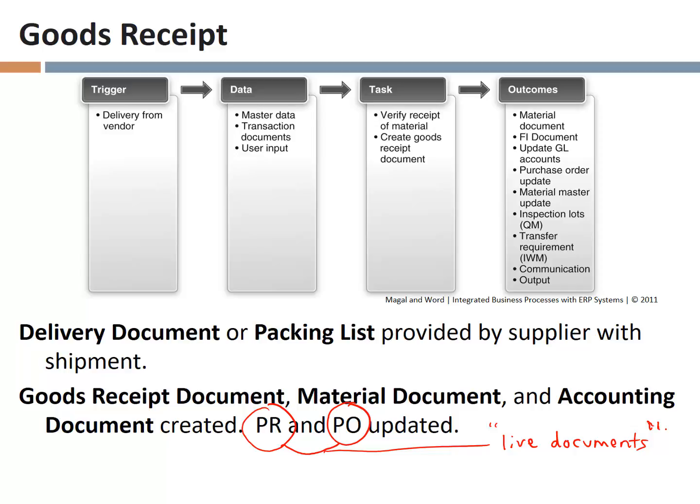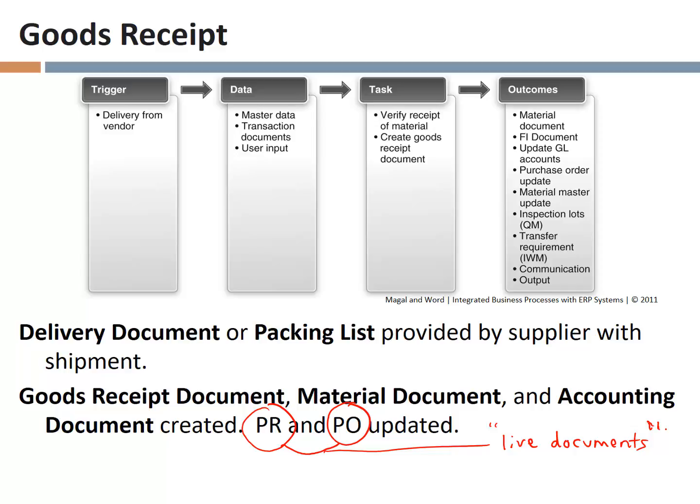You could imagine that the entire purchasing process has finished for a given item. We might go in, look at the purchase requisition, and then want to go and look at the purchase order, and then want to go and look at the goods receipt, and then want to go and look at subsequent documents. So these are live documents that get updated as the process continues.